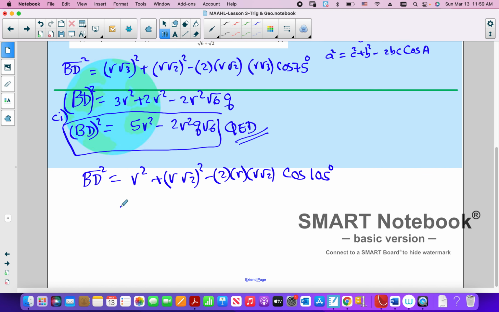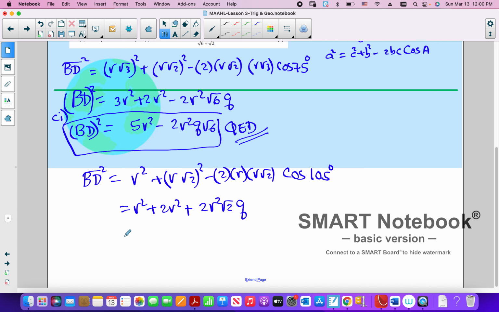Simplify that. That will be R squared plus 2R squared minus cosine 105, which is minus a cube. We proved that earlier, so minus times minus will be plus. So R times R is R squared, so that will be 2R squared root 2 times a cube.